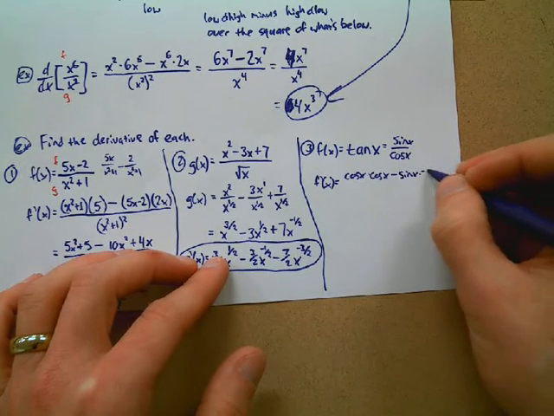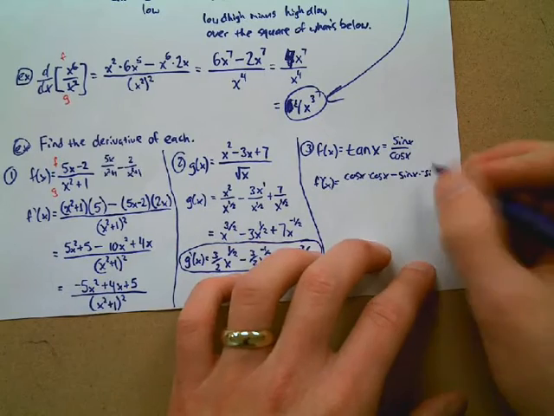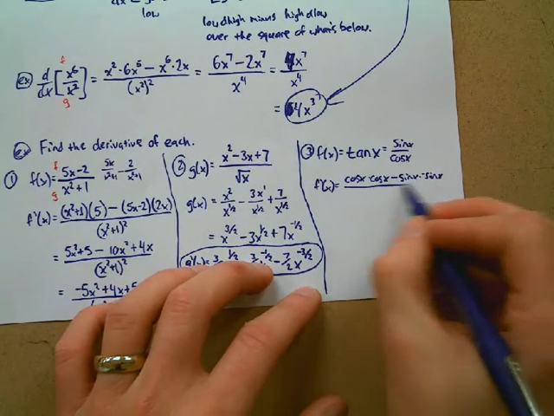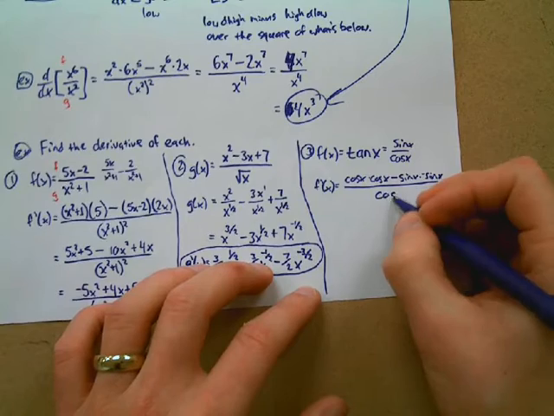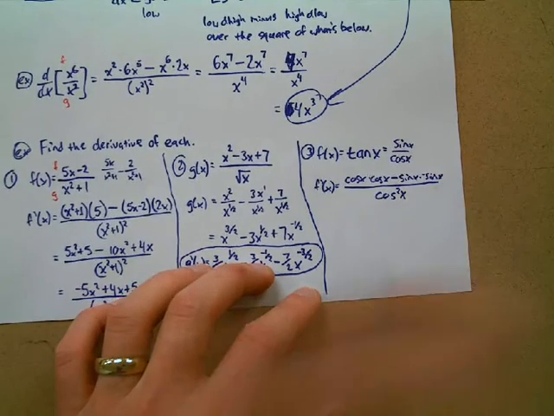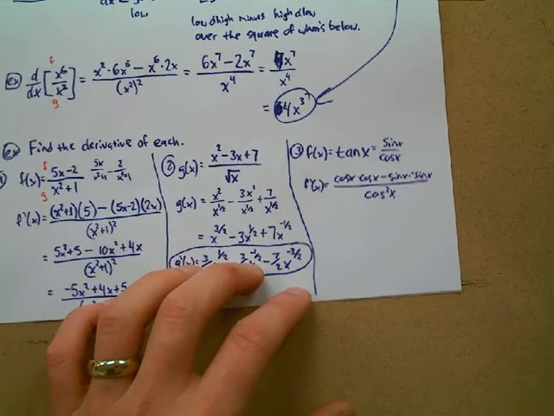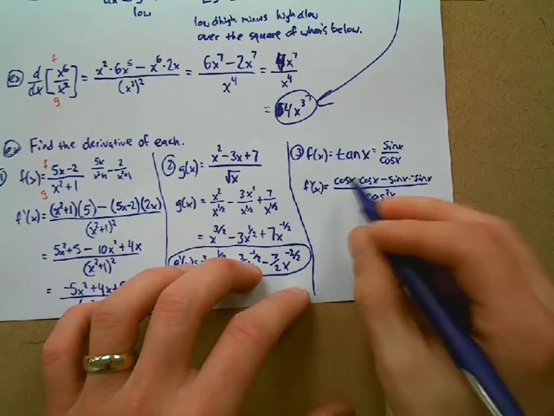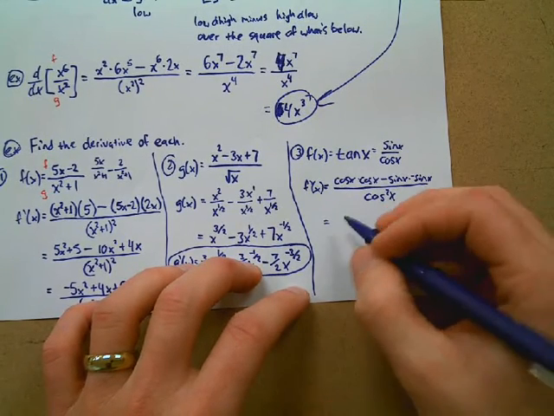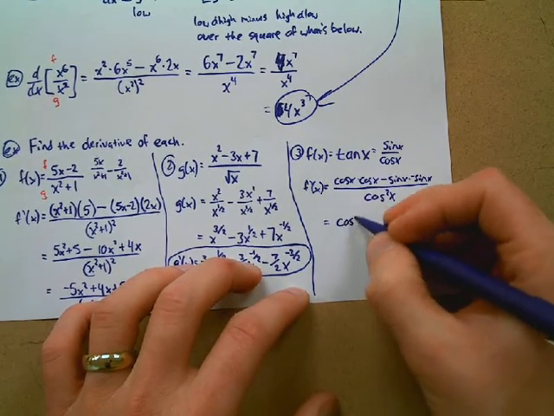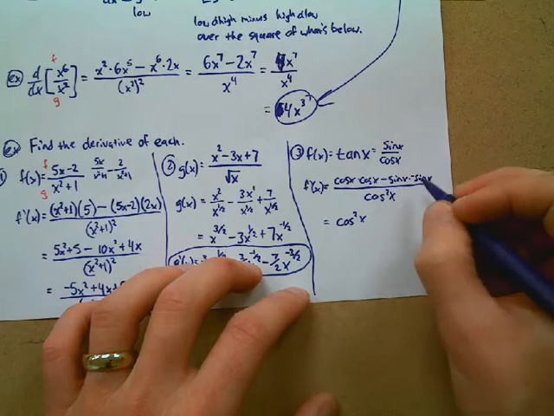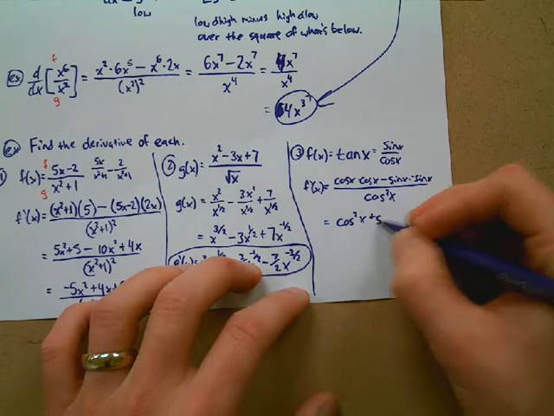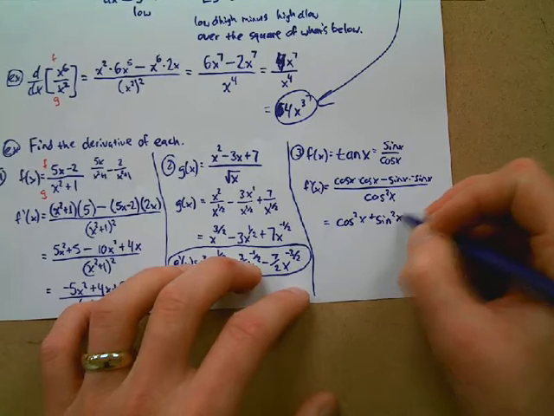Okay, so let's see here, cosine times cosine, well that's cosine squared, right? Negative sine x, and then a minus sine x, that's going to become plus sine squared of x, right? It's a minus sine x times a negative sine x there, so it becomes plus sine squared x, all over cosine squared of x. Oh my gosh, but what's cosine squared plus sine squared? 1.